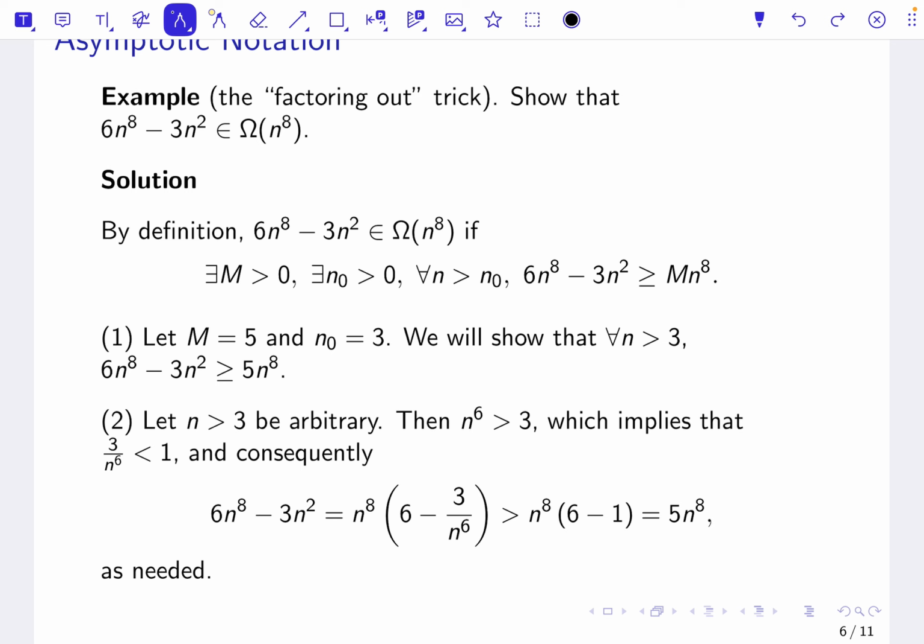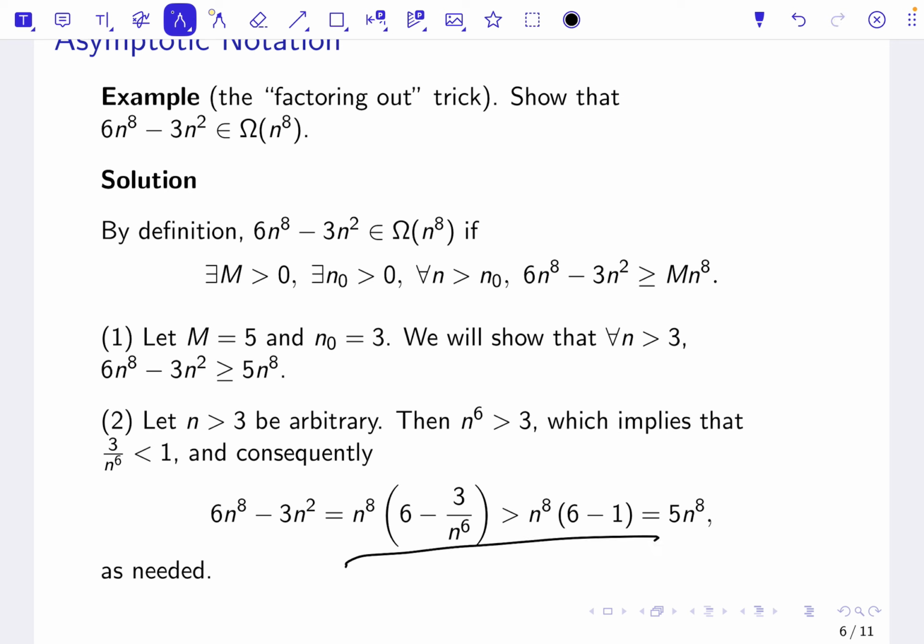As always, a good way to study these proofs is to look at that last step with the inequalities and make sure that you understand all of the steps. This factoring out step should be immediately understandable. It's just factoring out.